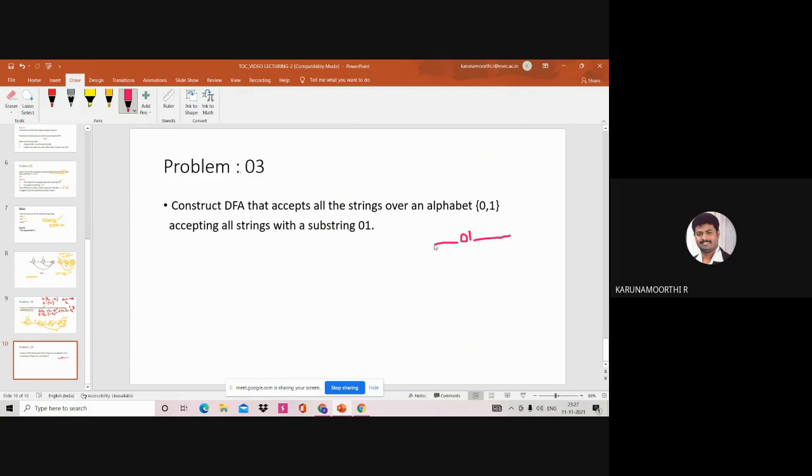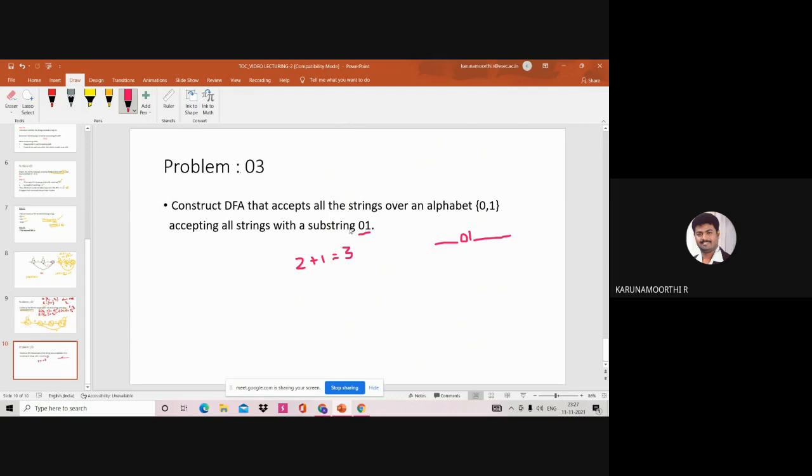Now tell me how many states are required for this automata. Totally 3. Why? Because my substring length is 2. What is the length of the substring? 2. And also you have to add one more. So totally 3.